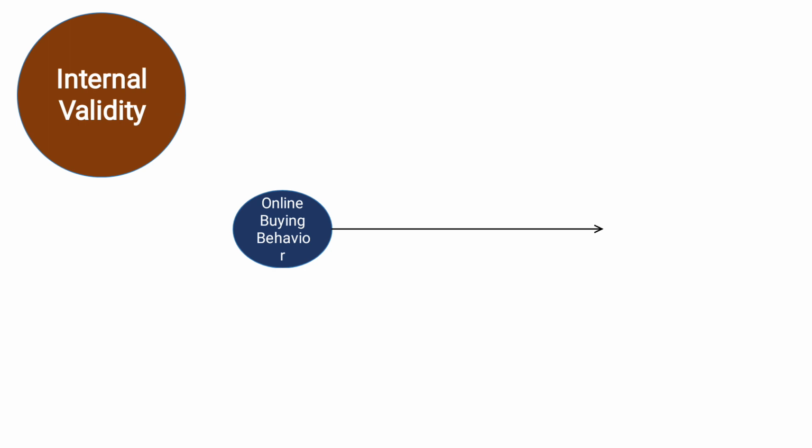This is basically the people or customers who buy online, and their attitude towards online stores or online shopping, or you can say they usually buy online. So I have taken this factor as an independent factor, and I hypothesize that this leads to offline shopping.